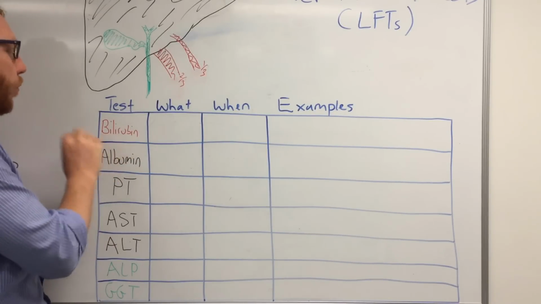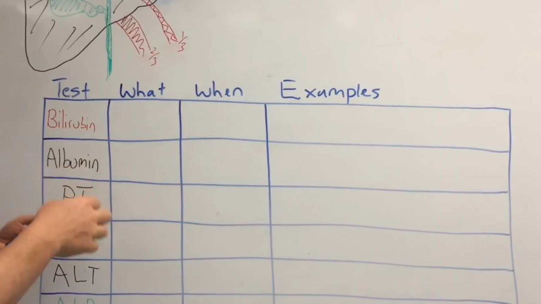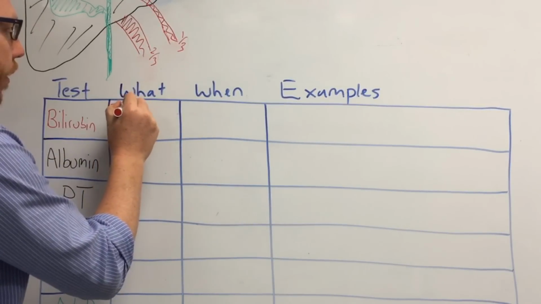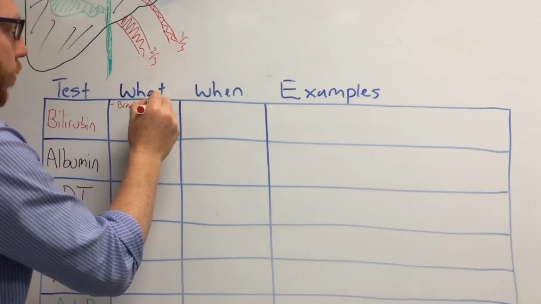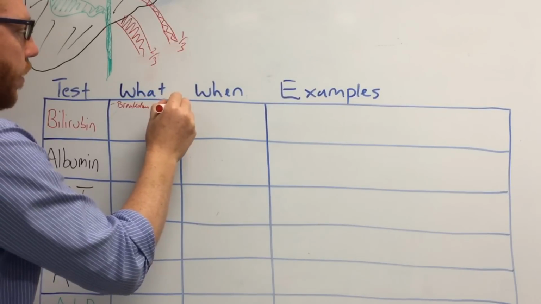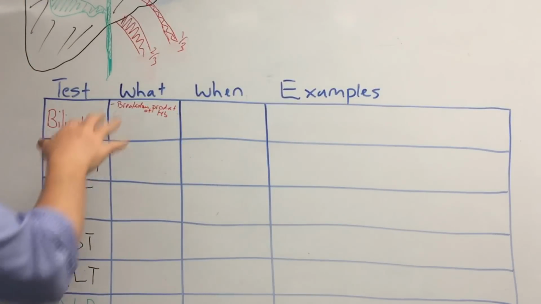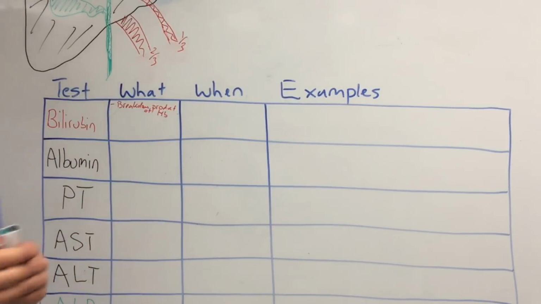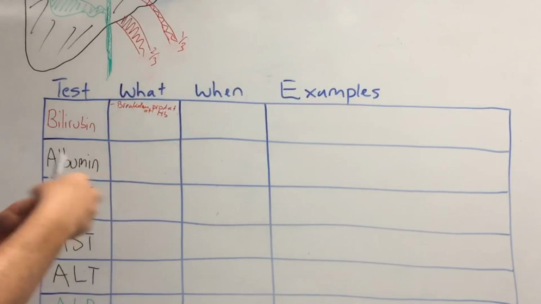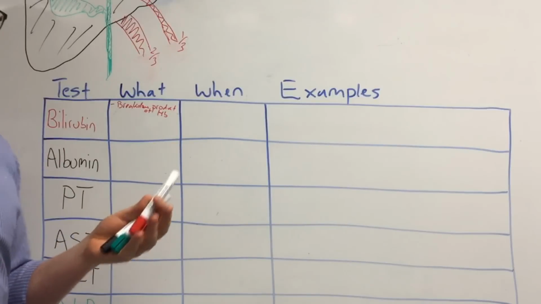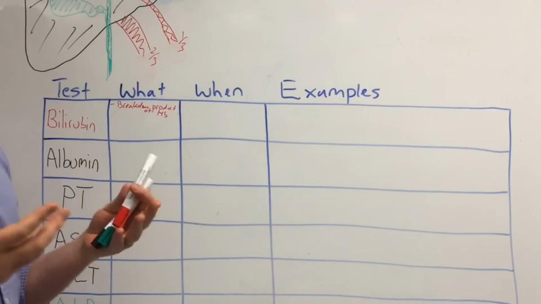Now with bilirubin, we'll start with bilirubin. Bilirubin essentially is the breakdown product of HB, which is hemoglobin. We've done this in a separate lecture on jaundice, so I encourage you to go and have a look at that.